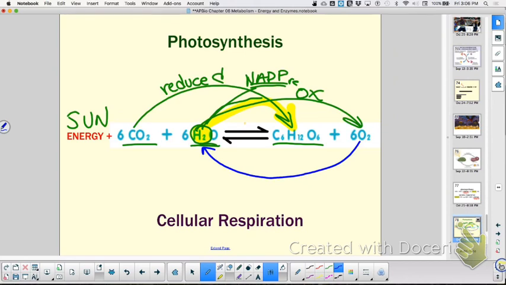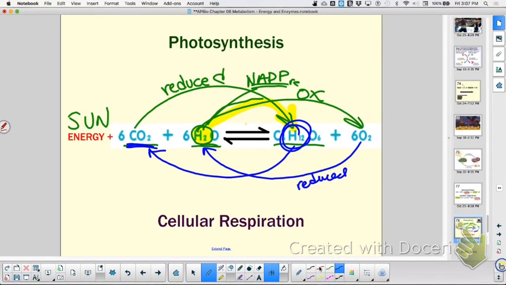So it got reduced. And where was the source of those electrons to put through our electron transport chain? Right here, glucose. So we rip the electrons away from glucose, and then we're left with just CO2 as a metabolic product, as well as what do we make? ATP.